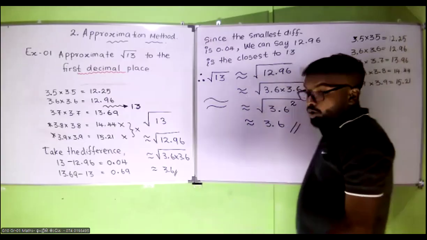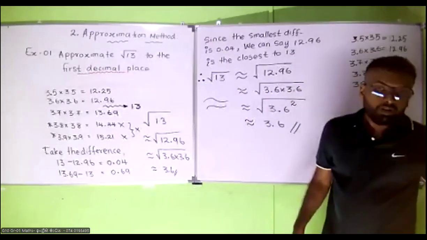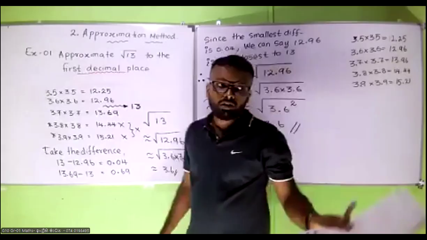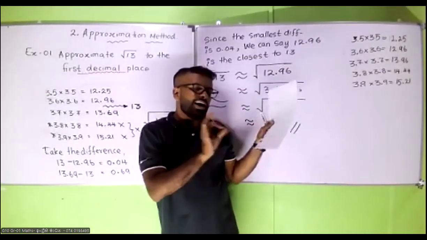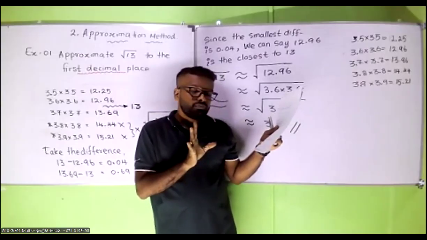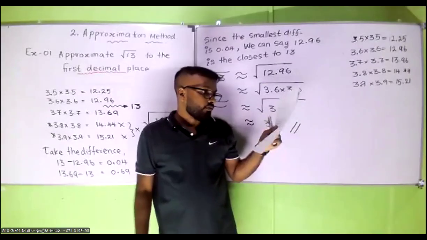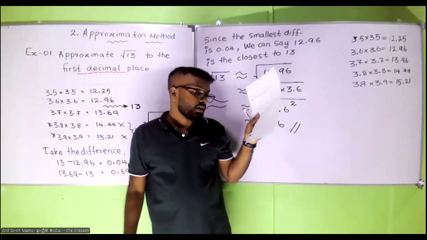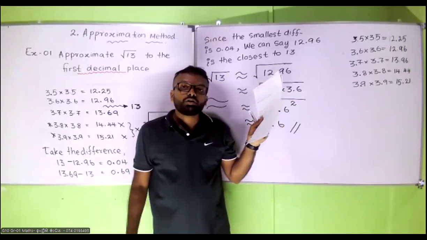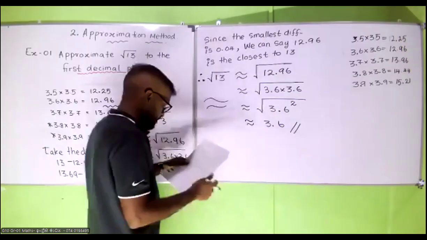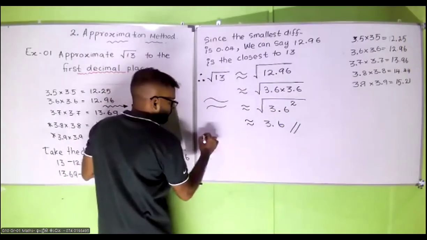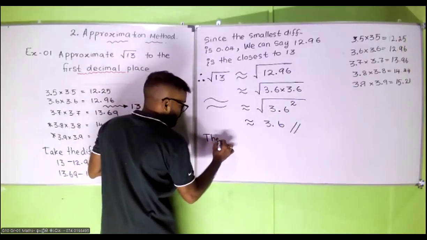Right. Now take your exercise book. You cannot do it in the book because I haven't given the space. Finally, therefore we can conclude that the first approximation for square root of 13 is... You can write this at the end of the question.